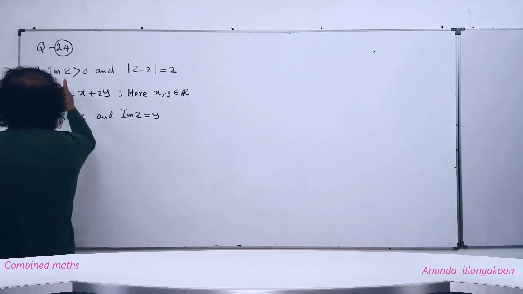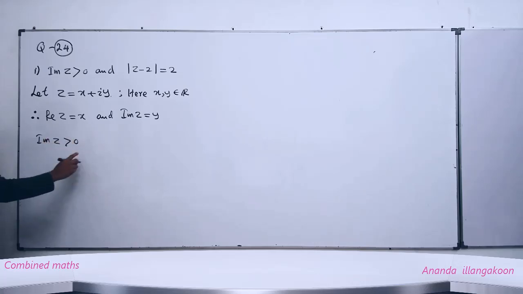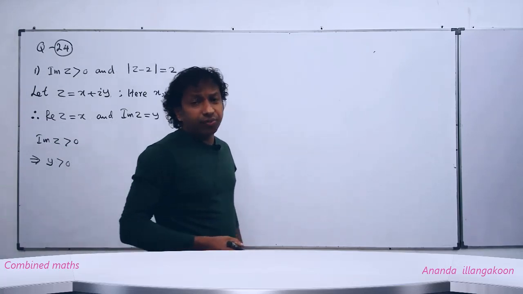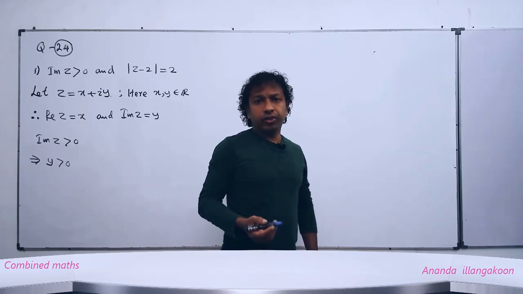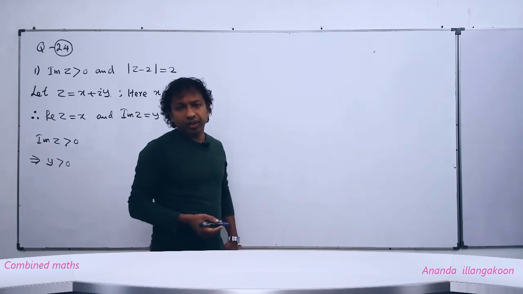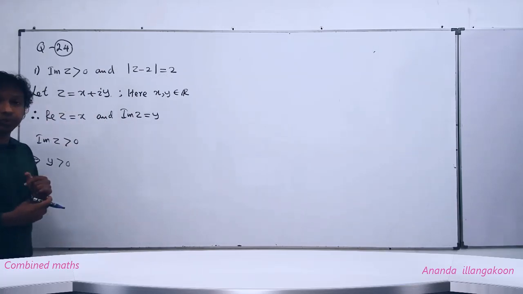Then imaginary part of Z greater than 0 means y greater than 0. What is y? Simply assume y as the y coordinate. In the Argand plane we define that y coordinate as the imaginary part, but it is very similar to the y coordinate. Just think that in the OXY plane the y coordinate should be positive.